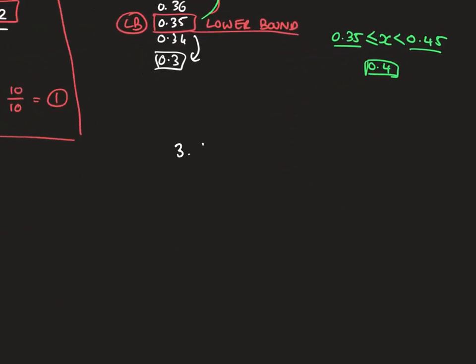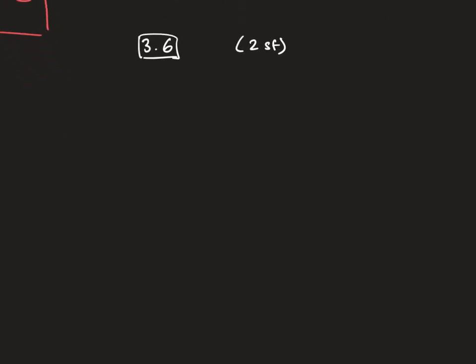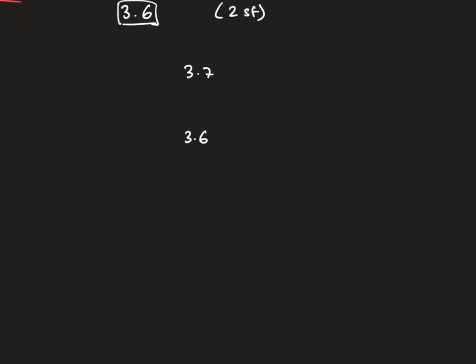Say, for example, I've got 3.6, and that is to two significant figures. I'm going to try and find the upper and lower bounds for 3.6 to two significant figures. So I ask myself, what is the next two significant figure number above that? I know that 3.7 would be the next number to two significant figures above 3.6.